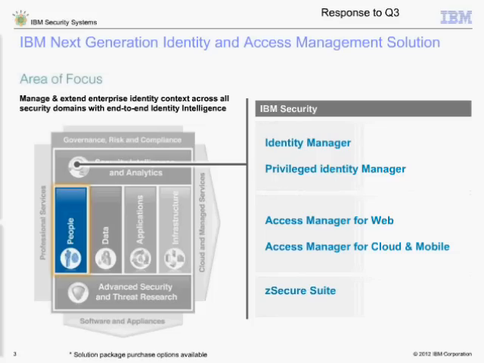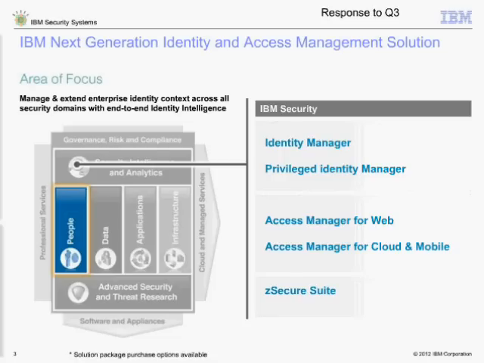Going over to slide number 3, this gives you an idea of the various capabilities within our identity and access management portfolio. The people domain, or the IAM portfolio, comprises primarily of 3 segments: identity management, access management, and the zSecure suite. Within the IBM Identity Management segment, we have Identity Manager and Privileged Identity Manager.